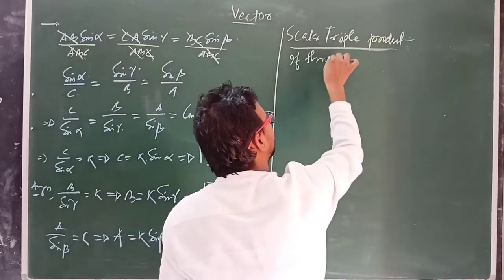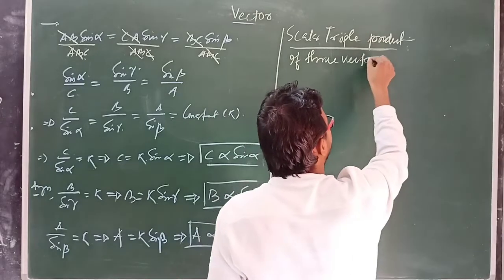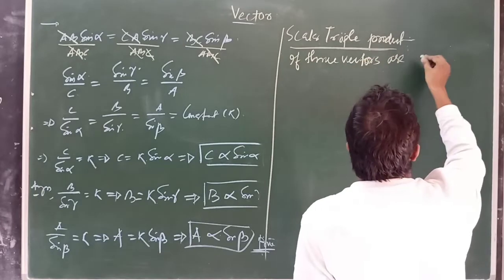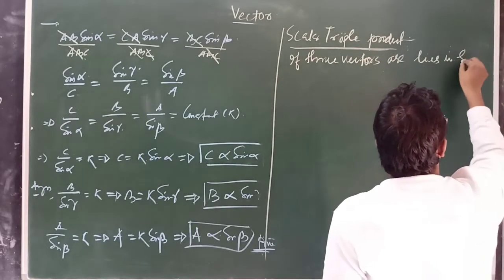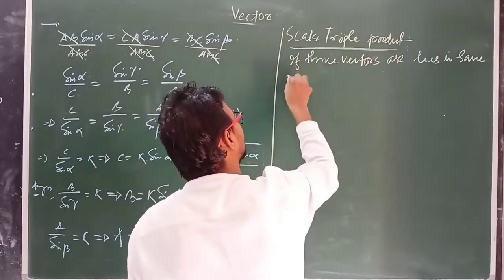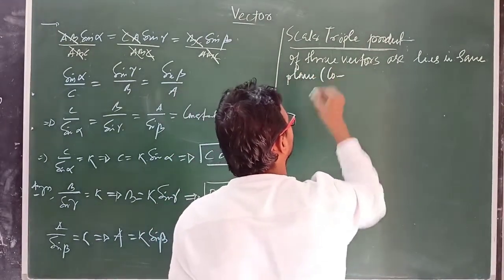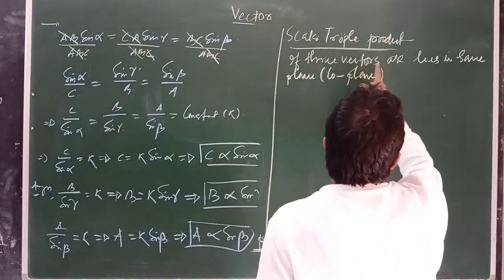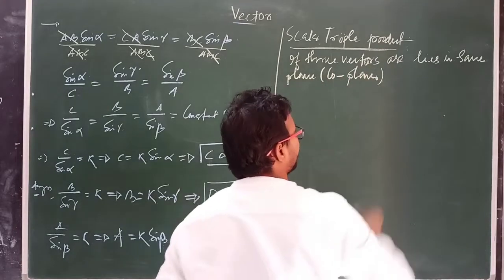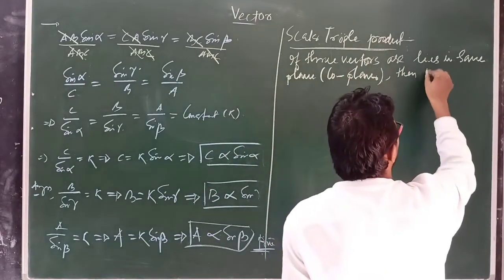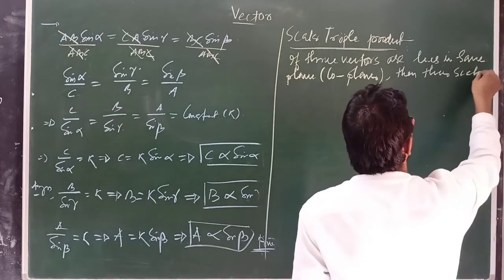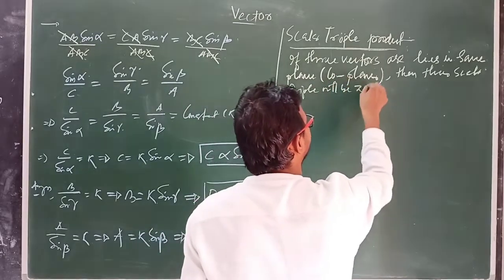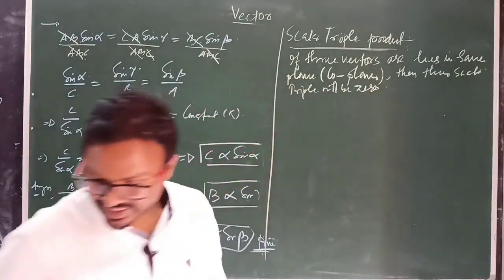If three vectors lie in the same plane, meaning a common plane, or you can say coplanar vectors, then their scalar triple product will be 0.